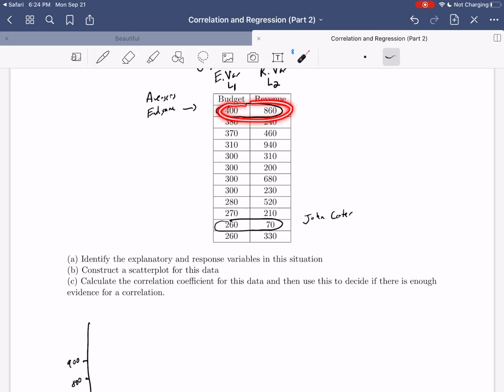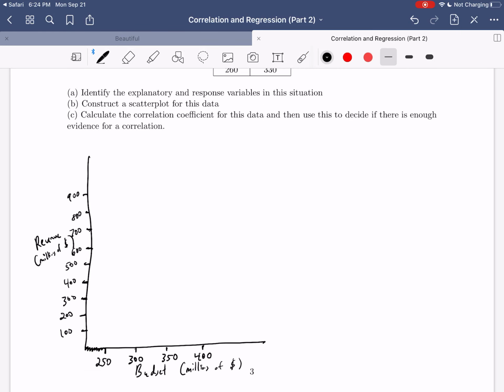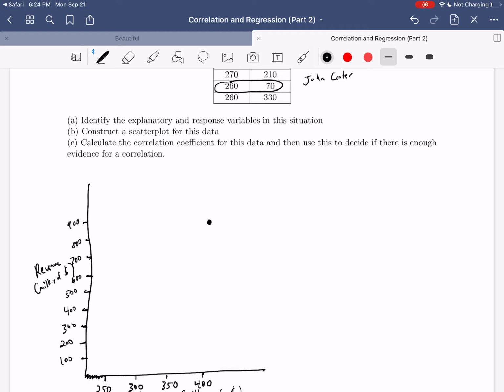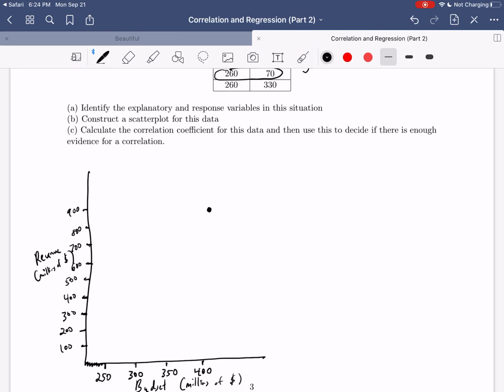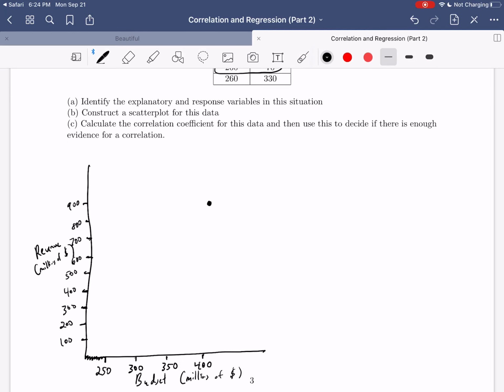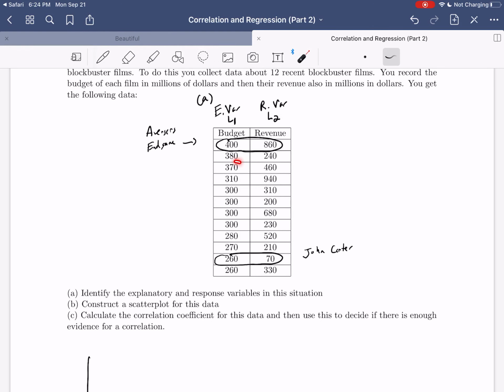First one was 400 and 860. So 400 and 860 should give us a point right about there. Then we had 380 and 240. So 380 and 240 gives us a point probably right about there. Okay. Then we had 370 and 460.